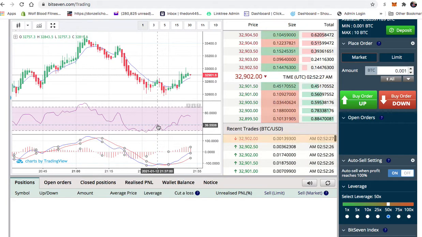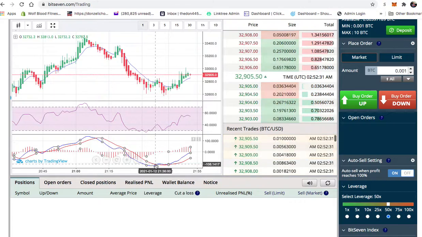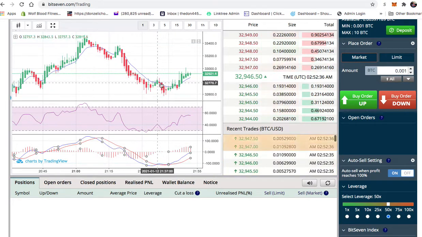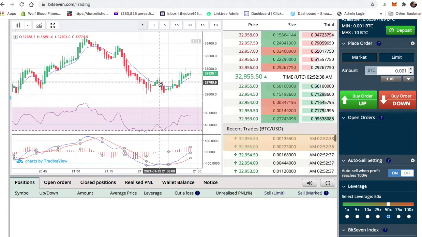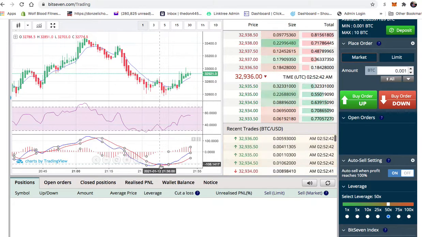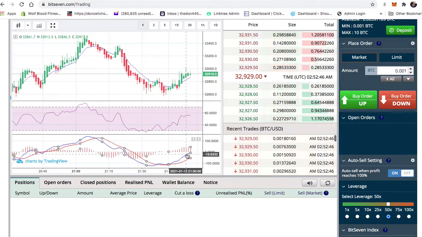Your RSI is starting to come up. Your moving average starts to come up. It crosses your signal line right here. That's a good indicator that you're going to start coming back up.